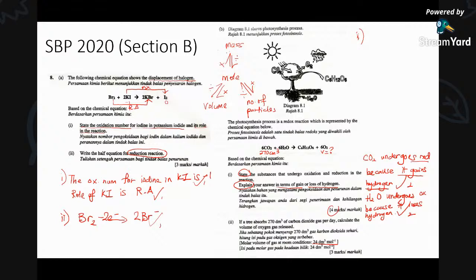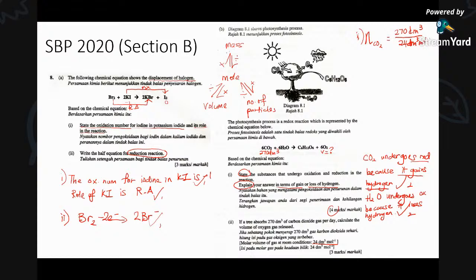So number of mole of carbon dioxide is equals to 270 dm cube, must be the same unit, dm cube, over 24 dm cube per mole.